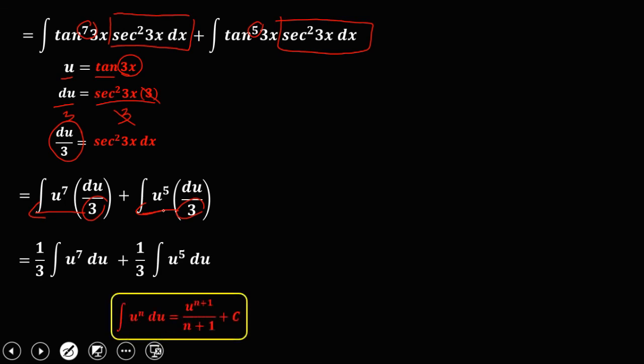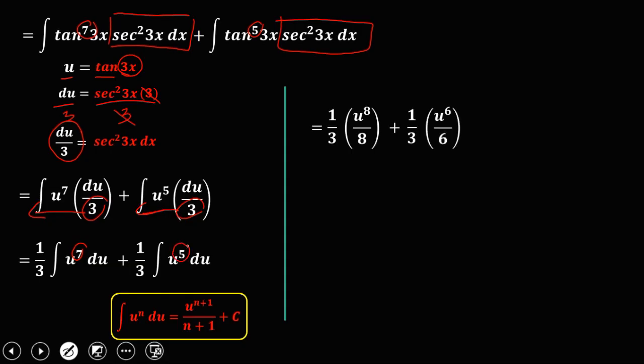Then using this formula, plus 1 for the exponent. So now we have 1/3, then this u to the power 7, plus 1, that's u to the power 8 over 8. Then plus 1/3, then this u to the power 5, plus 1, that's u to the power 6 over 6, then plus c. Then simplify, so this 3 times 8, that's 1 over 24.